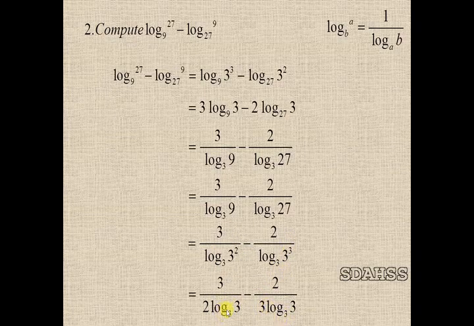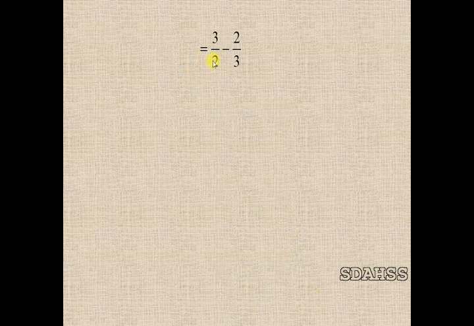We know that log 3 base 3, here base and power are equal, so this value is 1. So this becomes 3 by 2 minus 2 by 3. Take LCM, 6 is the LCM, cross multiply, 9 minus 4, which is 5 by 6.